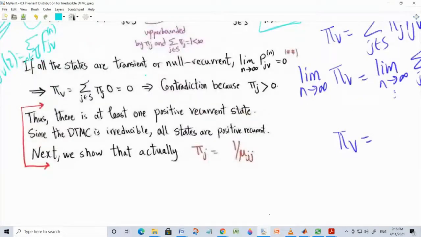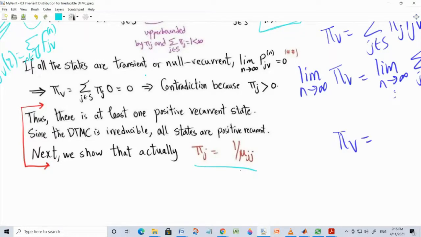Okay, it is 1 over mu. So basically there is a very nice relationship between the stationary or invariant distribution and the mean recurrence times, for Markov chains that are composed of positive recurrent states.